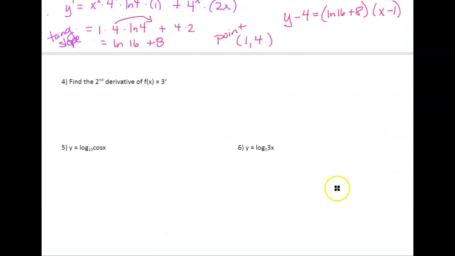Oop, one more, I lied. Second derivative. So that's a to the u. So our first derivative is a to the u ln a times the derivative of u. There's really nothing we can do. But what you recognize is the natural log of 3 is just a number, so I'm going to put that in front.